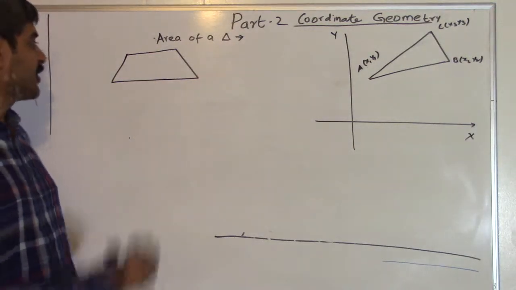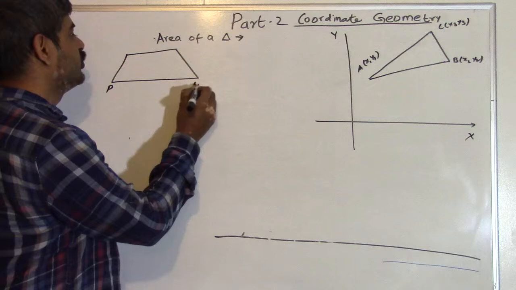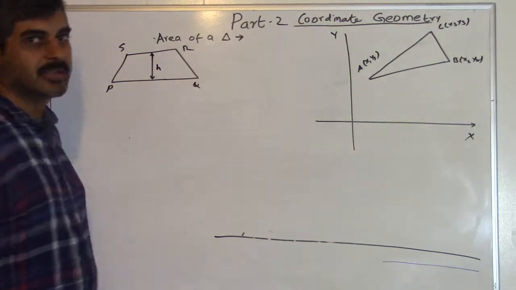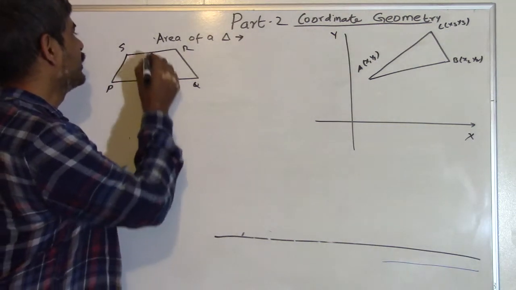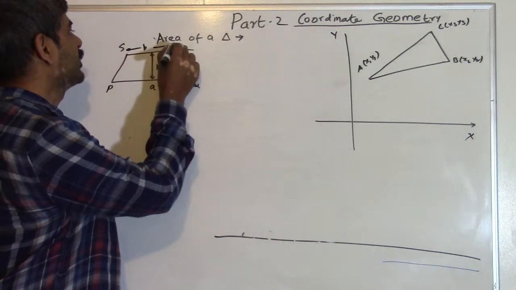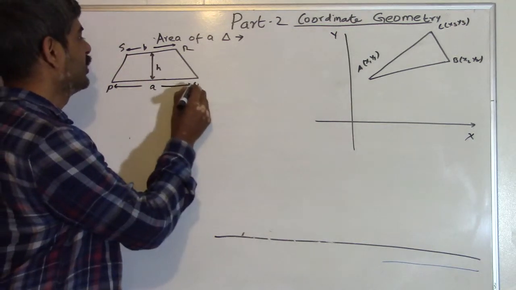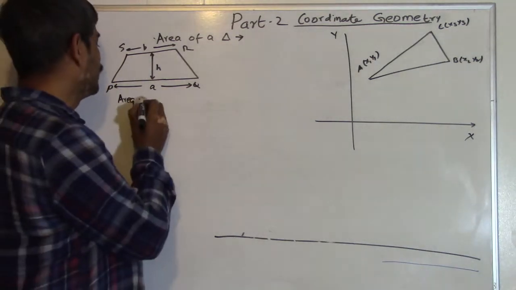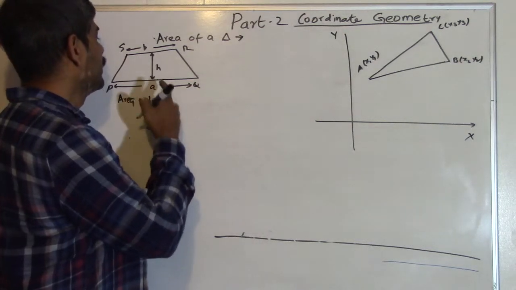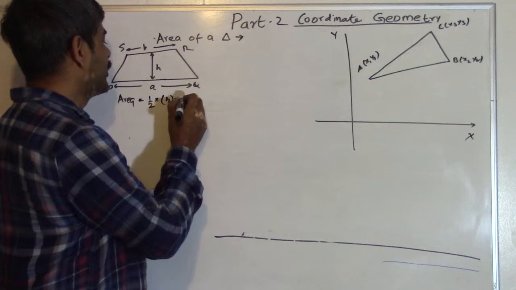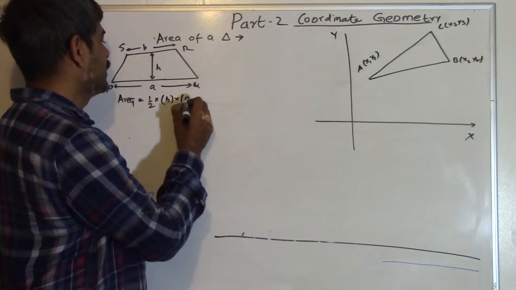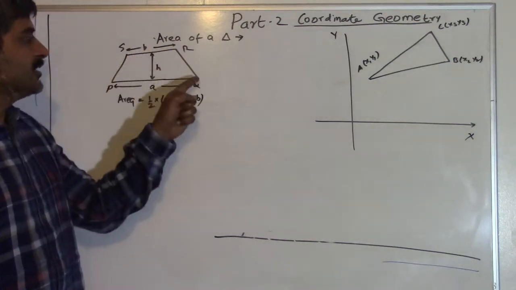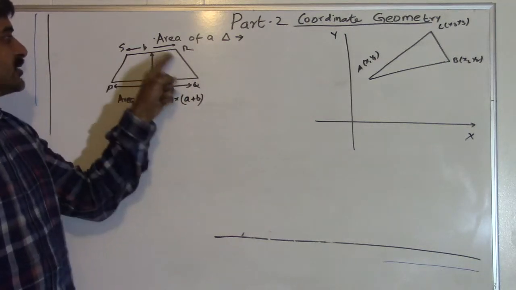Let's say this is a trapezoid, call it PQRS, and it has a height of h, and this length is A and this length is B. Then the area of this trapezoid will be equal to half of this height h multiplied by the sum of these lengths, A plus B. We define the trapezoid as having two parallel lines, and the other two lines can be unequal.